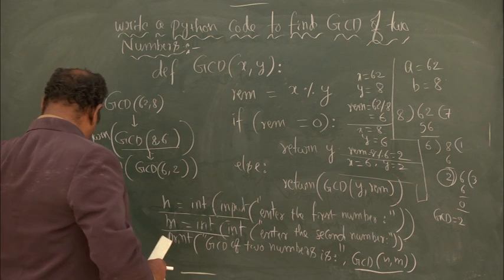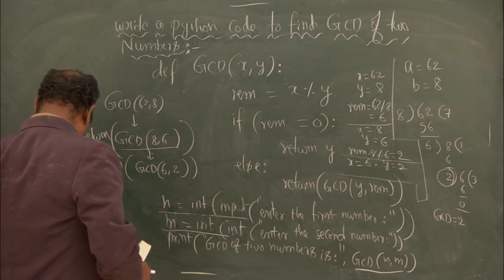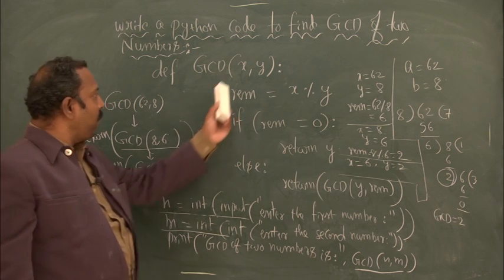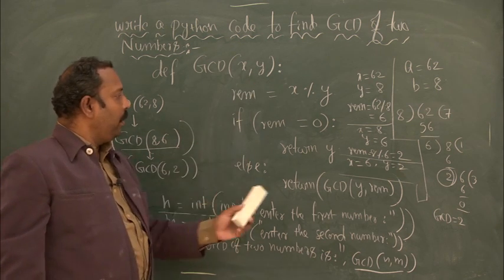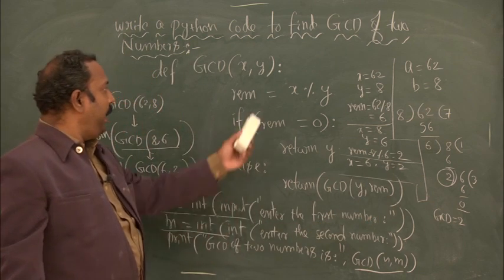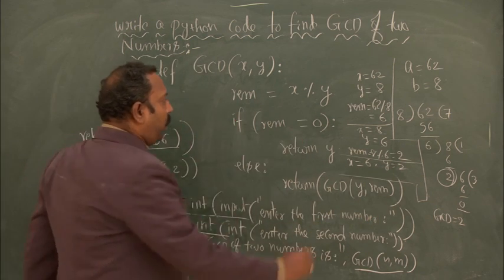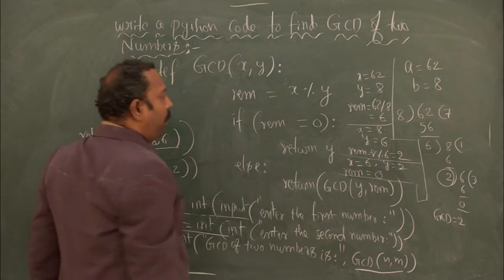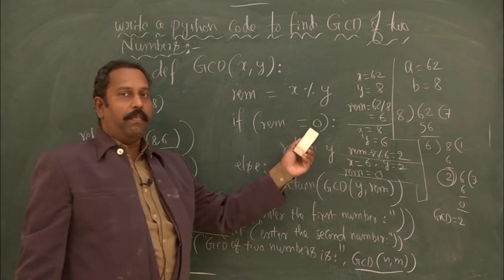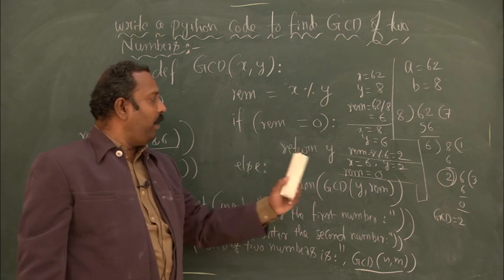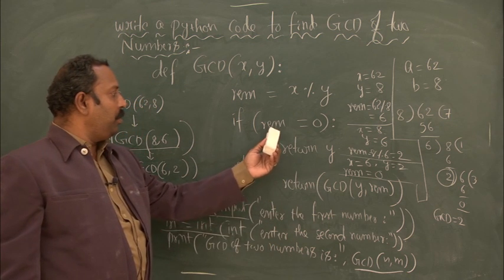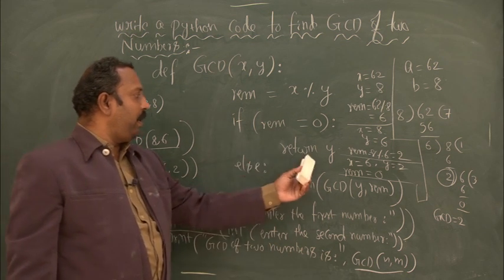Remainder equal to x mod y, so the remainder will get the value 0. Whenever you get the remainder value 0, return y. So what is the value here? Y value is 2. Because the condition is true, it won't go to the else case. Simply it will return the y value.